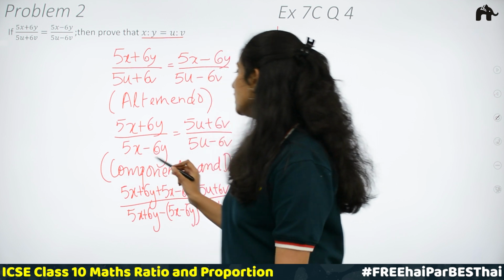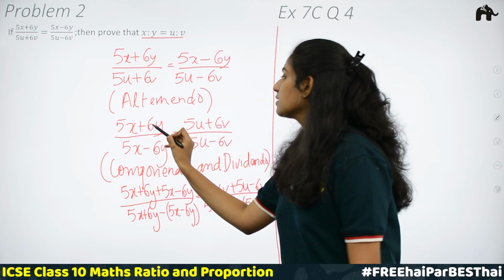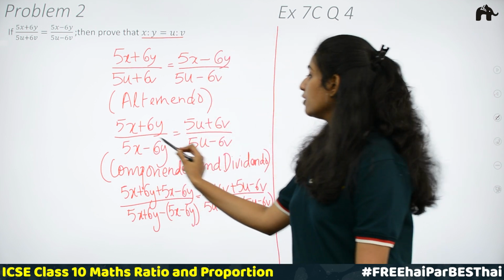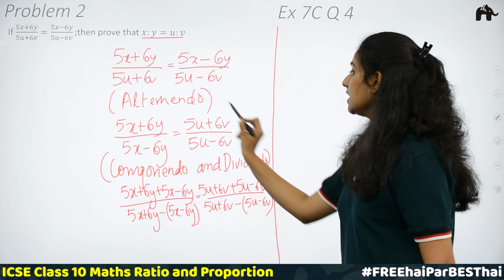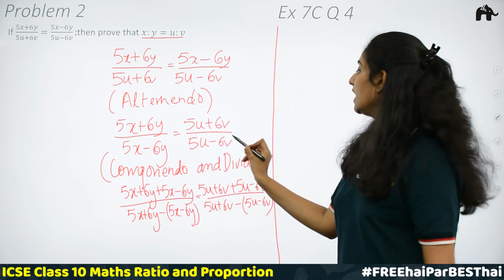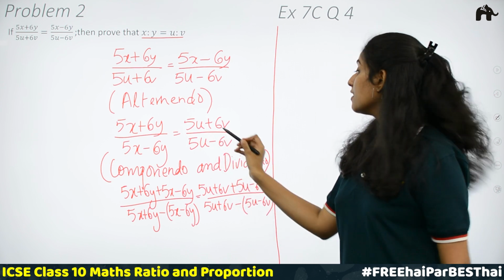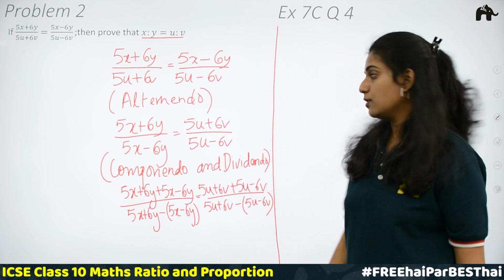Here, in place of a, we have 5x plus 6y. In place of b, it is 5x minus 6y. In place of c, it is 5u plus 6v. In place of d, you have 5u minus 6v.